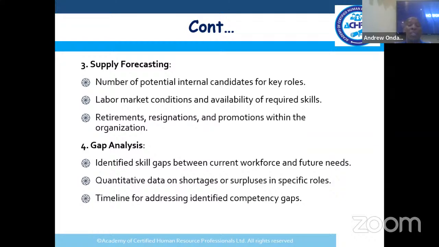And then lastly on that point is retirement, resignation, and promotions in an organization. For retirement, these are people who are exiting either early before they achieve their retirement age, or retiring upon attainment of 60 years. What about retirement in terms of supply forecasting?